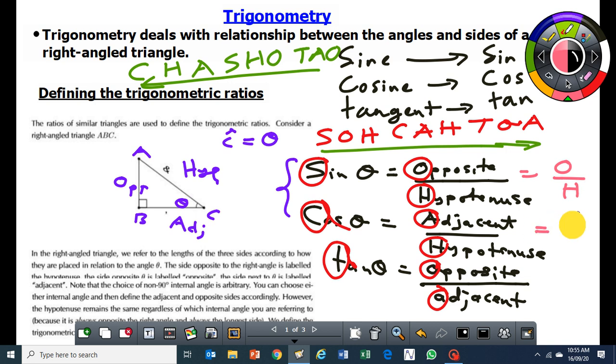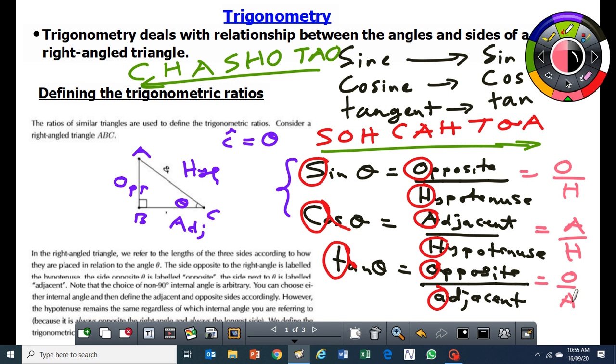The adjacent is A, so for cos it will be A over H. For tan, it will be opposite over adjacent. So you can just write sine theta is O over H, cos theta is A over H, tan theta is O over A.